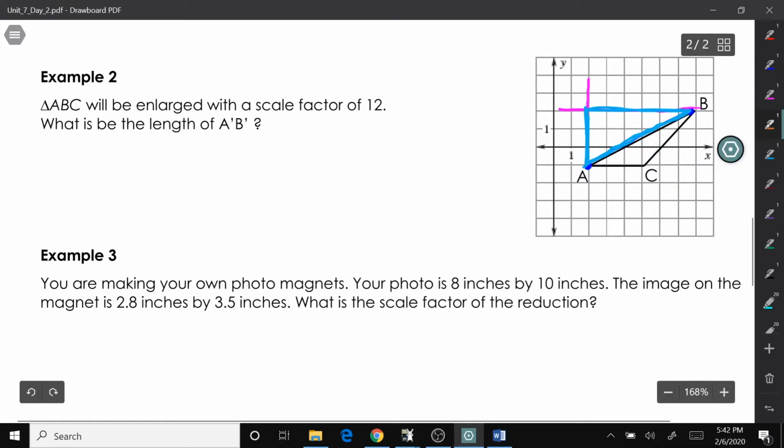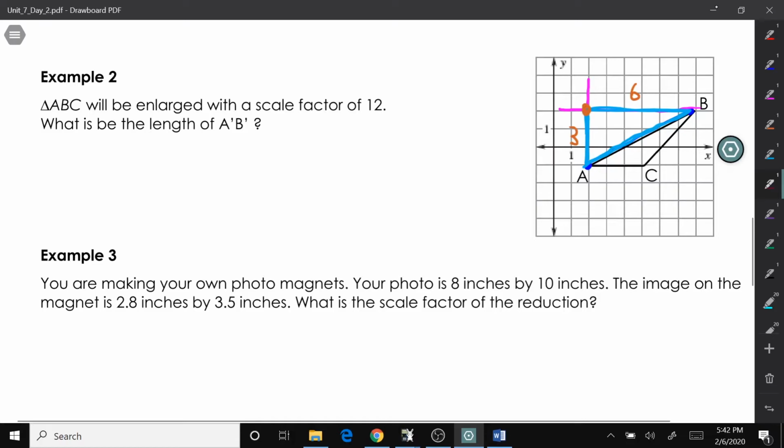So what you could do is say, well, 1, 2, 3, count the boxes from A to this point up here, and then count the boxes from B to that point. So 1, 2, 3, 4, 5, 6. And then you could use Pythagorean theorem to find out your hypotenuse, which would be the same as the distance. You might want to rewind the video a little bit and watch that again if that doesn't make sense. But this is a trick that will make finding the distances, I think, significantly easier.